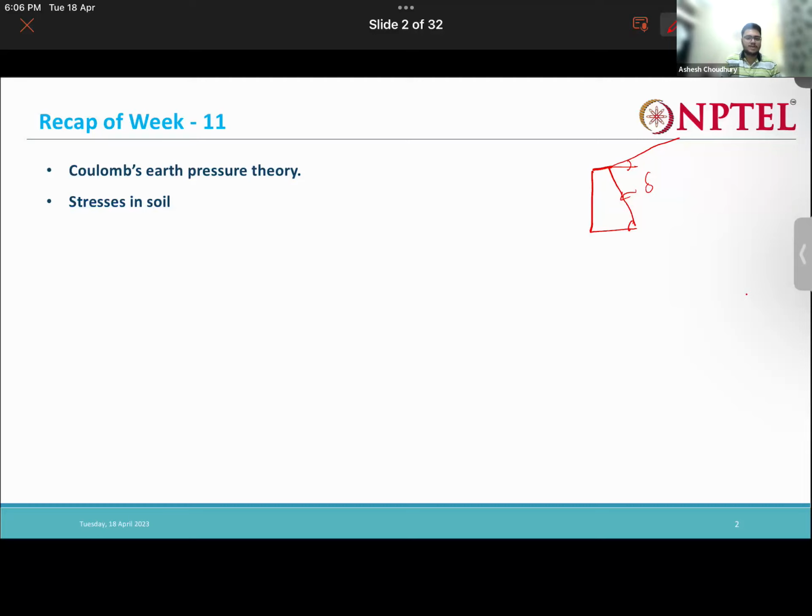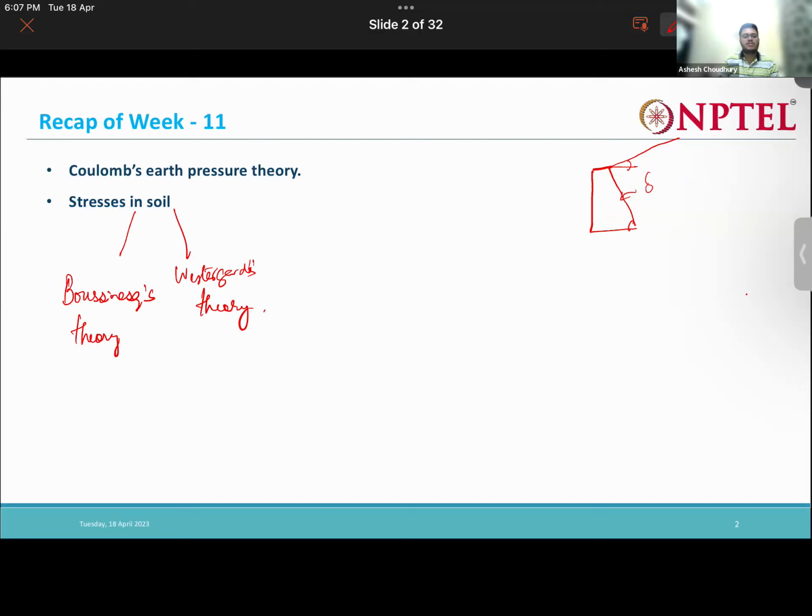And then we had the stresses in soil topic. This topic mainly comprises two theories: Boussinesq's theory and Westergaard's theory.